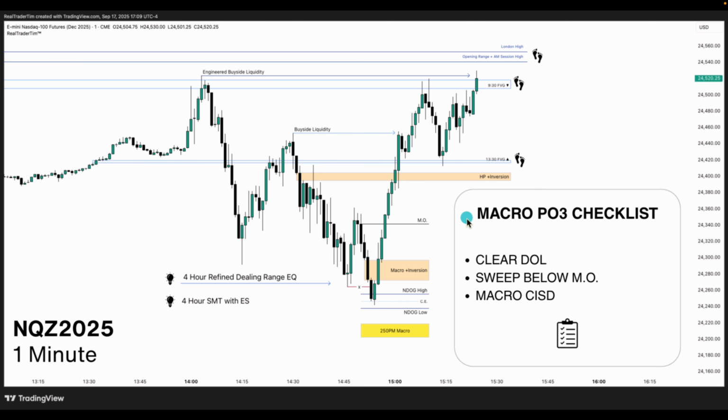Then your job as a trader is to just wait for price to go lower and give you your entry criteria, which is ultimately a reversal entry right here after we deliver to EQ of the 4-hour dealing range, after we see the 4-hour SMT with ES, and then these lower time frame signatures are extremely likely to pan out.